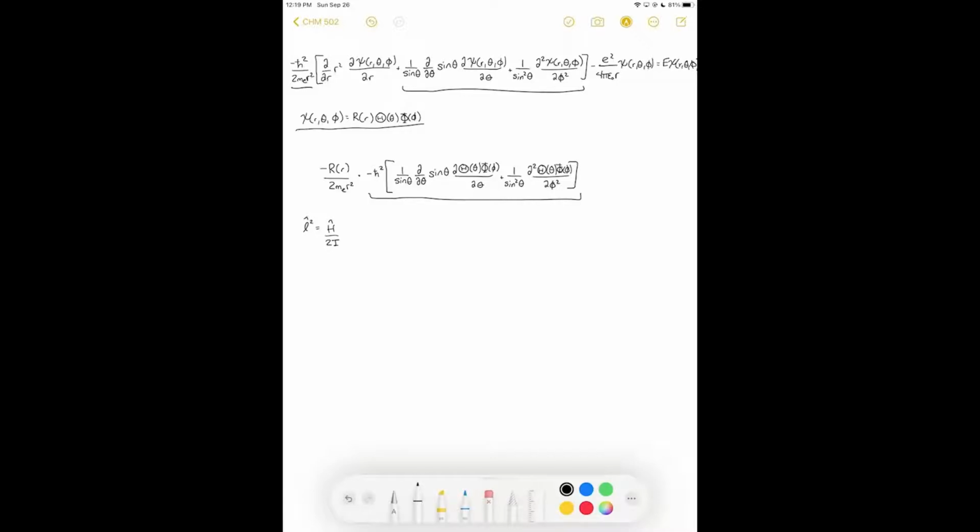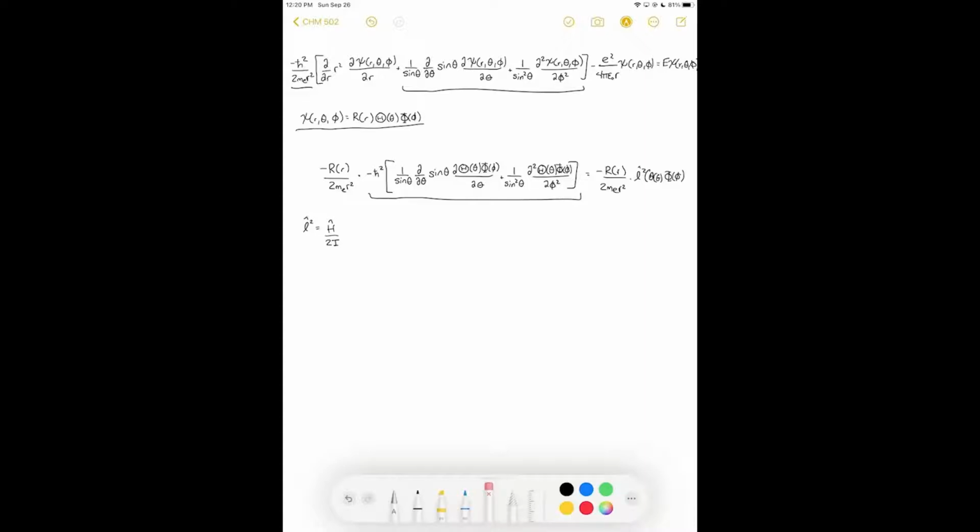And what we have then is that this whole part here can be simply rewritten as negative R, our function of r, over 2m_e r squared times the L squared operator operating on our functions of theta and phi. And this is nice because we know the results of this.